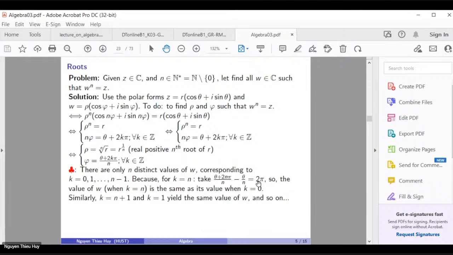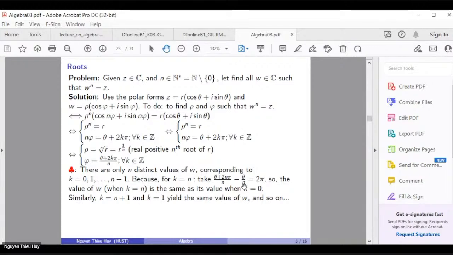So the difference is actually 2 pi, and therefore they represent the same vector. Because the difference is 2 pi, the values of w corresponding to k equal n and k equal 0 are the same. When the arguments differ by an integer multiple of 2 pi, the complex numbers are the same.